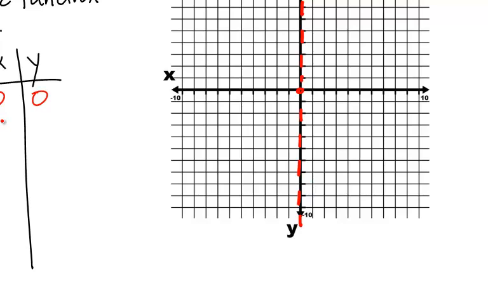Okay, and then we're going to plot some points. So if you put 1 in for x, 1 squared would be 1. Now look, if you plot this point, use your axis of symmetry. If this is 1 unit away to the right, plot 1 unit to the left. Now try 2. 2 squared is 4.